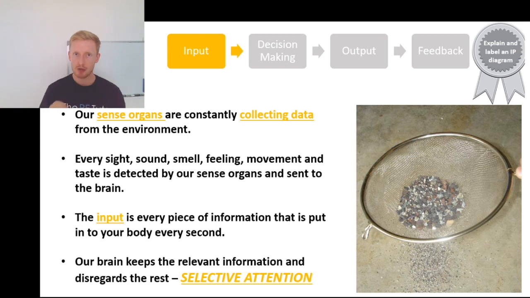Our short-term memory. This is the waiting area. It's a box that we can collect information in. And we might only be able to select about 7 things, 7 to 10 items.